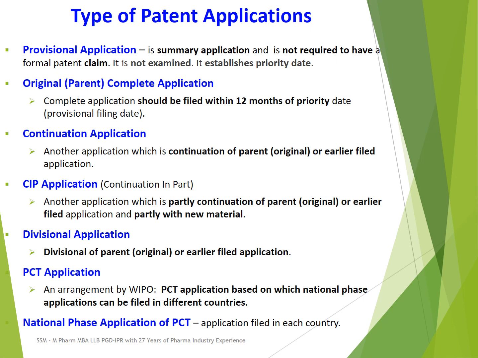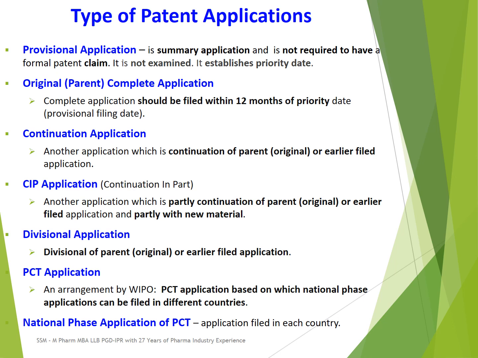Now the patentee wants to claim not all 4 products broadly, maybe only one product. So he will file a CIP. Through the CIP he will claim narrowly. He will have partly the material of the original or earlier filed application and partly new material.